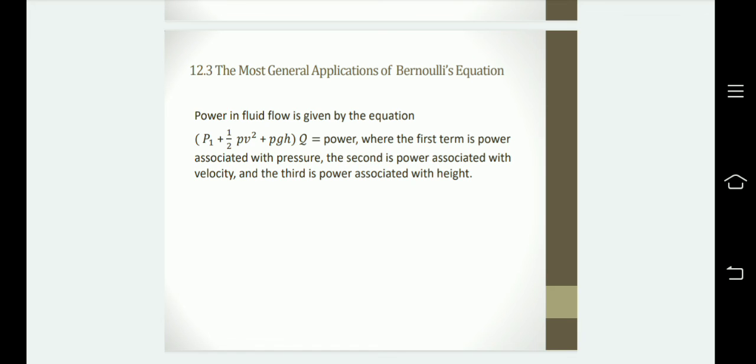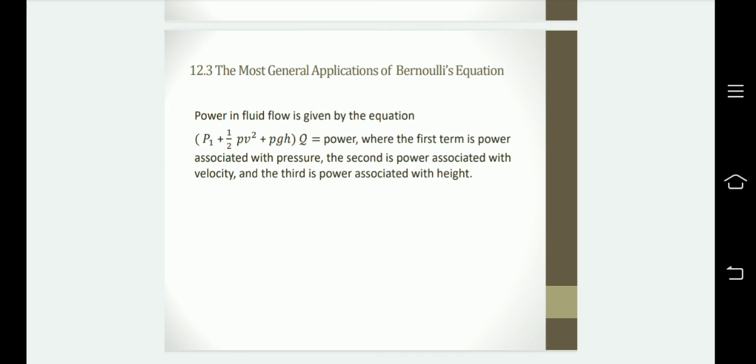All three terms have units of energy per unit volume. Now considering units, if we multiply energy per unit volume by flow rate or volume per unit time, we get units of power. This means that if we multiply Bernoulli's equation by flow rate or Q, we get power.